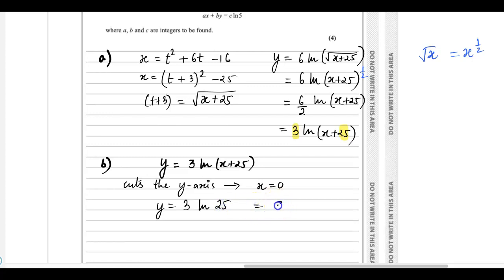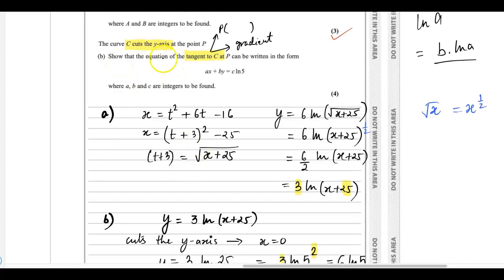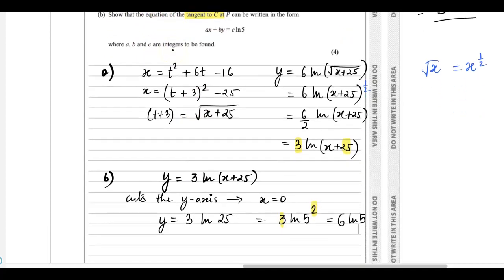That gives us 3 ln 5 squared. And again, we're going to be following the same rule, so these two are going to be multiplied, which gives us 6 ln 5. Okay, so the y is this. So P was the point where the curve cuts the y-axis. So can we write down the coordinates of P? The coordinates of P are going to be 0 and 6 ln 5.